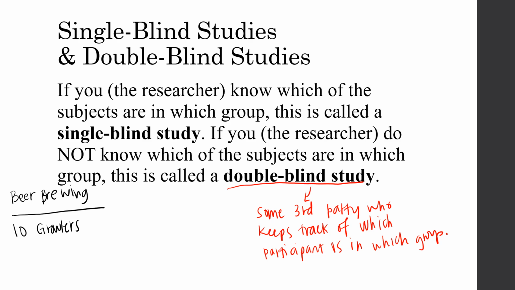I had 10 growlers, and then I had maybe 5 treatments that I was applying to those growlers. I didn't know which growlers had received which treatment, so some of them received stuff like yeast, some of them received some sort of artificial fermentation booster or enhancer. Some of them received nothing.